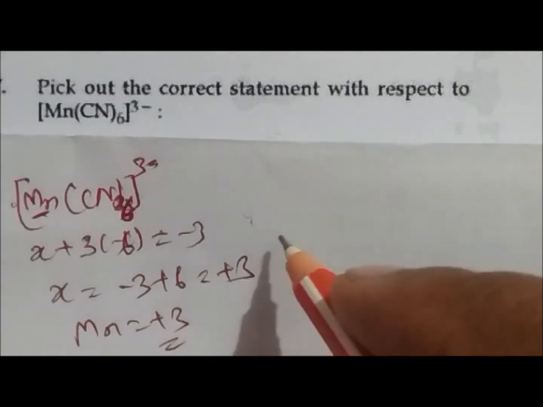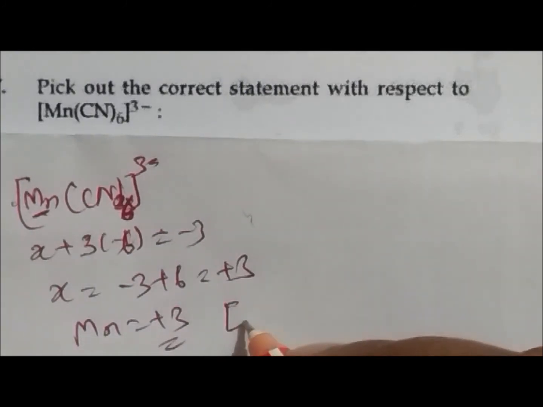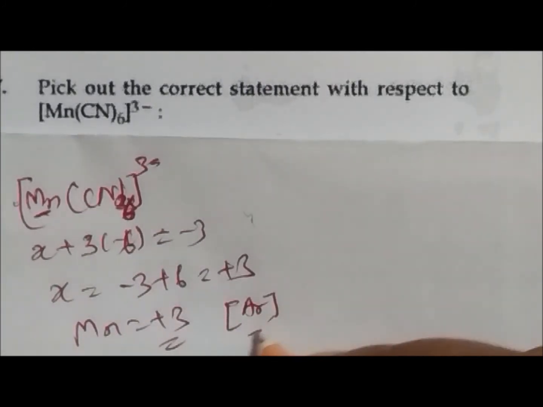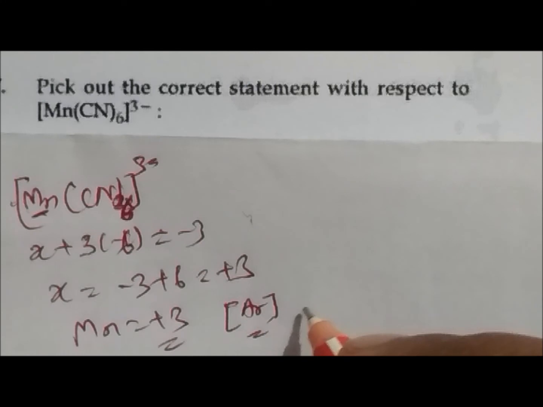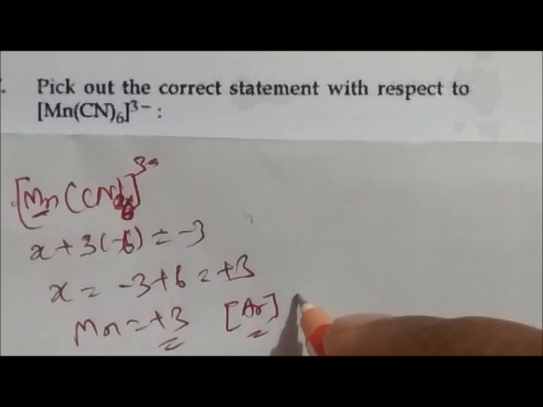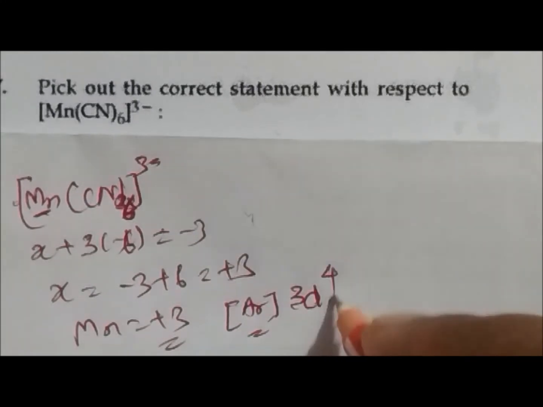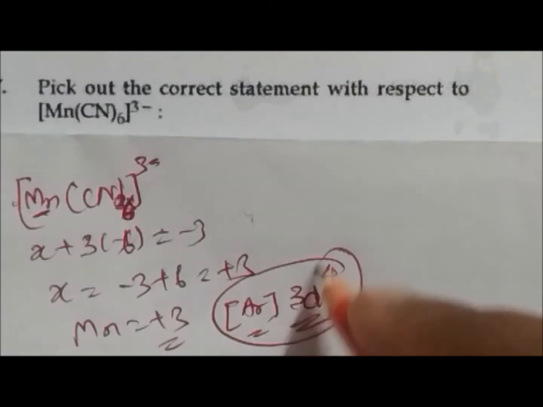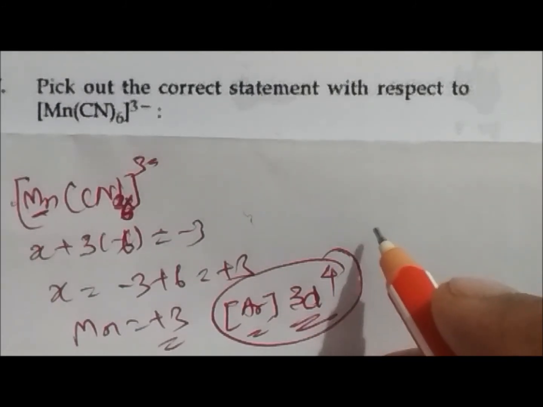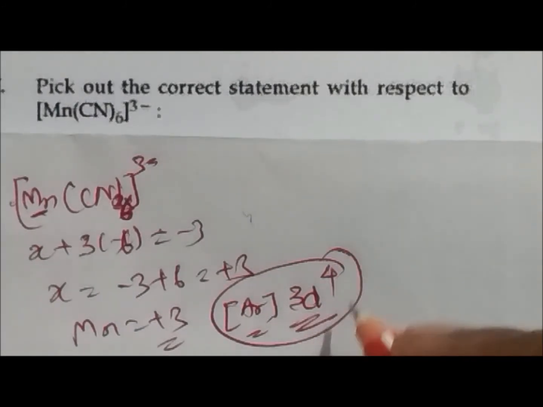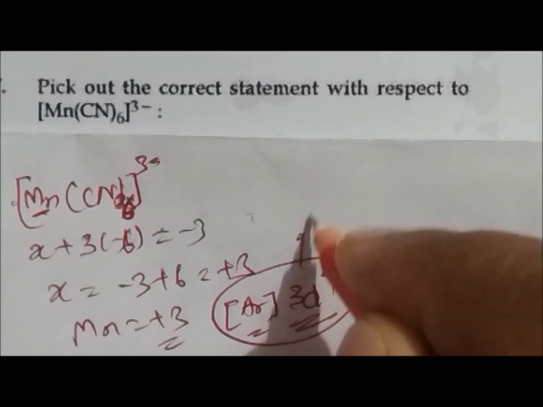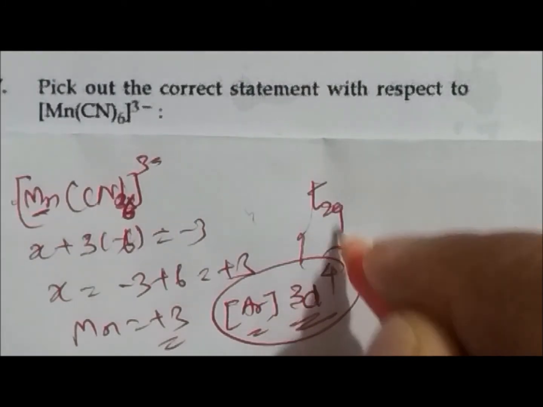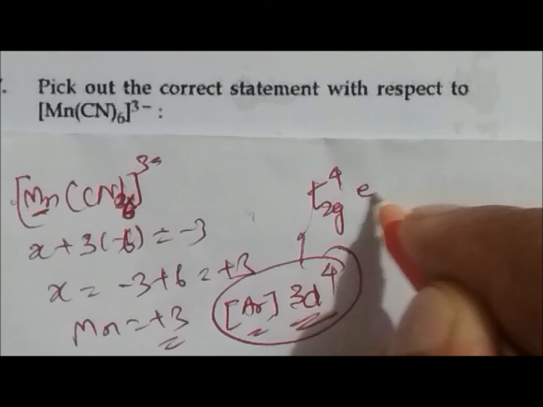So plus 3 means, if you see the configuration, it will be argon 4s2 3d5, after which 4 electrons... so the configuration is 3d4 state. So we can draw the diagram. The 3d4 space will give the idea of t2g and eg, and this eg is empty.